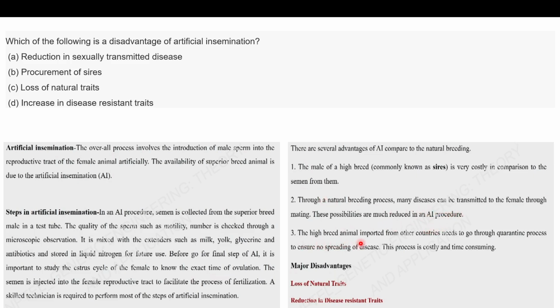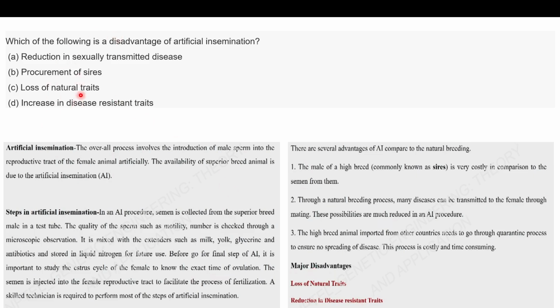Hybrid animals imported from other countries need to go through a quarantine process to ensure no spreading of disease, and this process is really costly and time consuming. But there can be disadvantages as well: loss of natural traits and reduction in disease resistant traits.